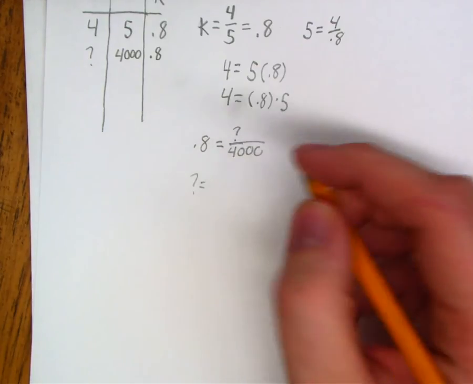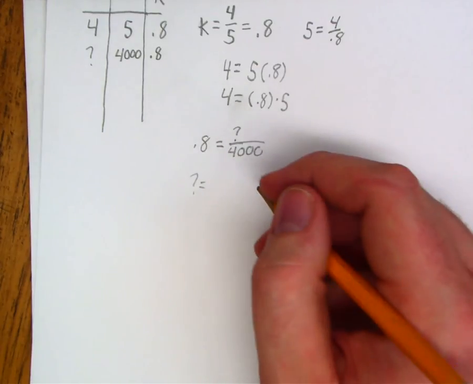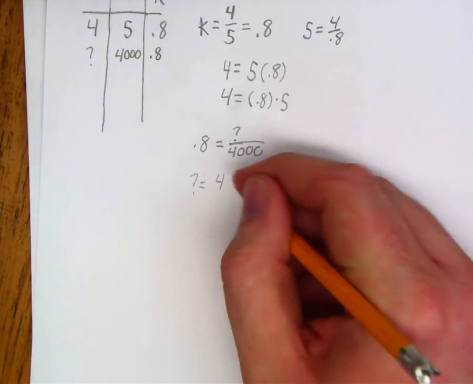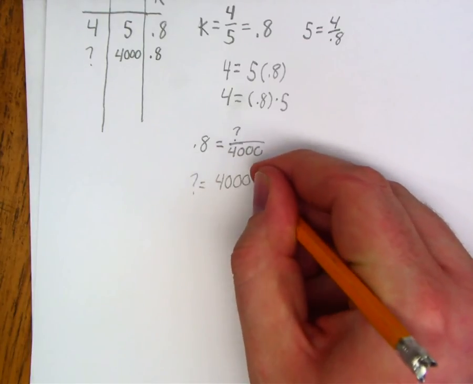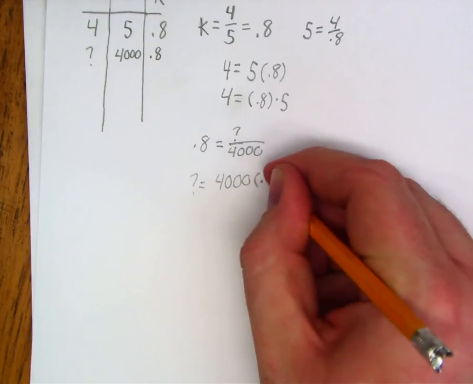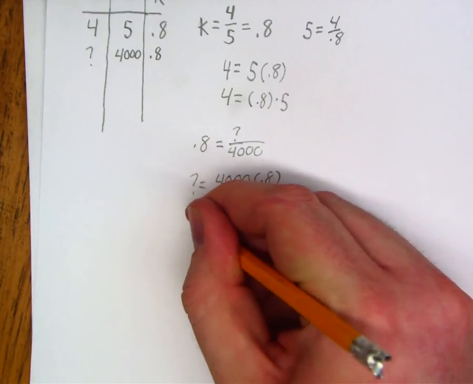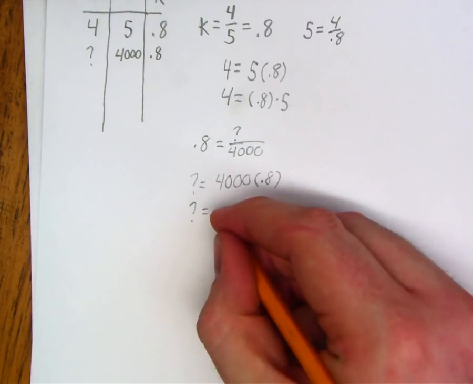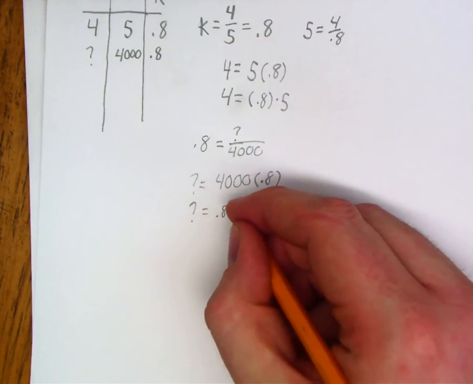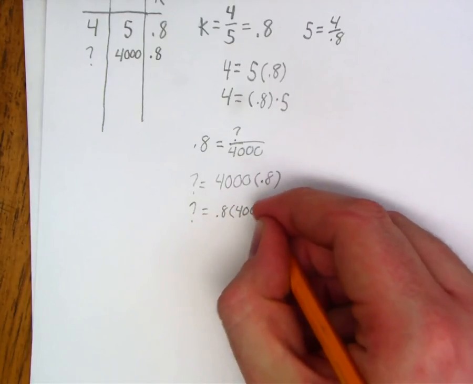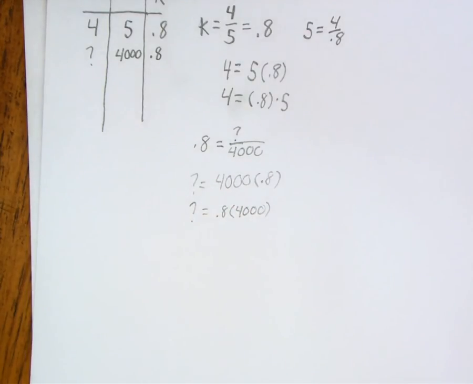Question mark equals 4,000 times 0.8. Question mark is also equal to 0.8 times 4,000. So there's our multiple cases.